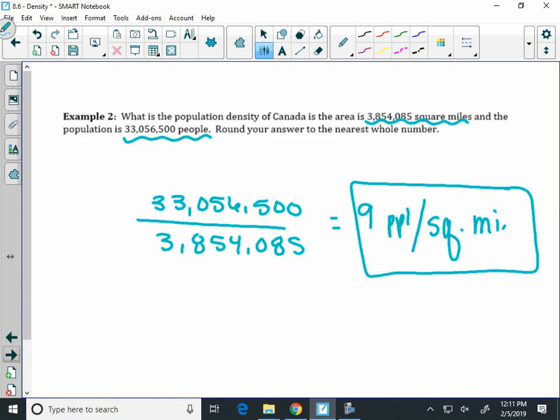In Canada, there'd only be 9 people. There are a lot more people in a smaller space in China compared to Canada, so it has a higher population density. Questions over that?